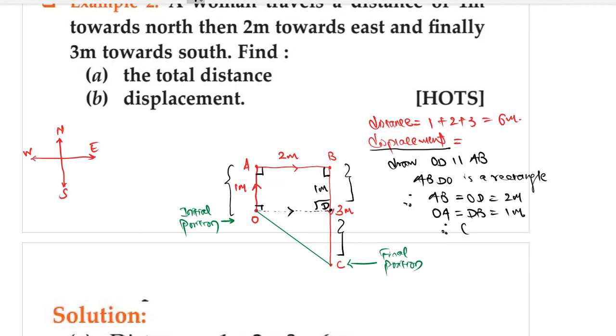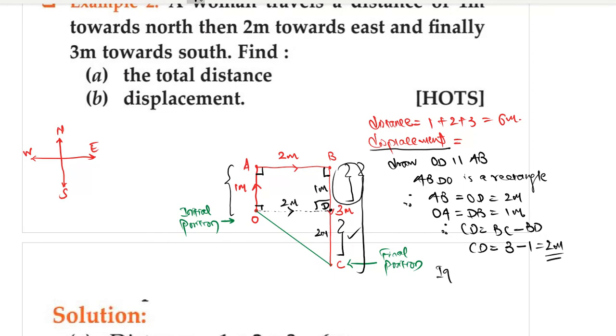Therefore, CD is equal to BC minus BD. BC is the whole thing from here to here. If you subtract BD from BC, you will get CD. So CD is equal to 3 minus 1, which is 2 meter. So we got CD as 2 meter and OD as 2 meter.